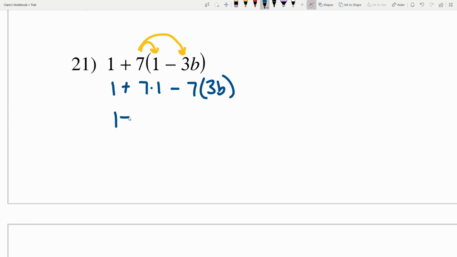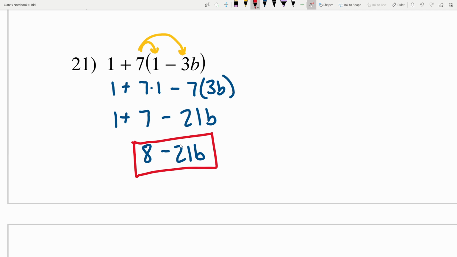So I'll have 1 plus 7 times 1, which is 7, minus 7 times 3 times b is going to be 21b. 1 plus 7 is 8, so I'll have 8 minus 21b for my solution in number 21. And again, you could have also written this as negative 21b plus 8. That's equivalent to 8 minus 21b.